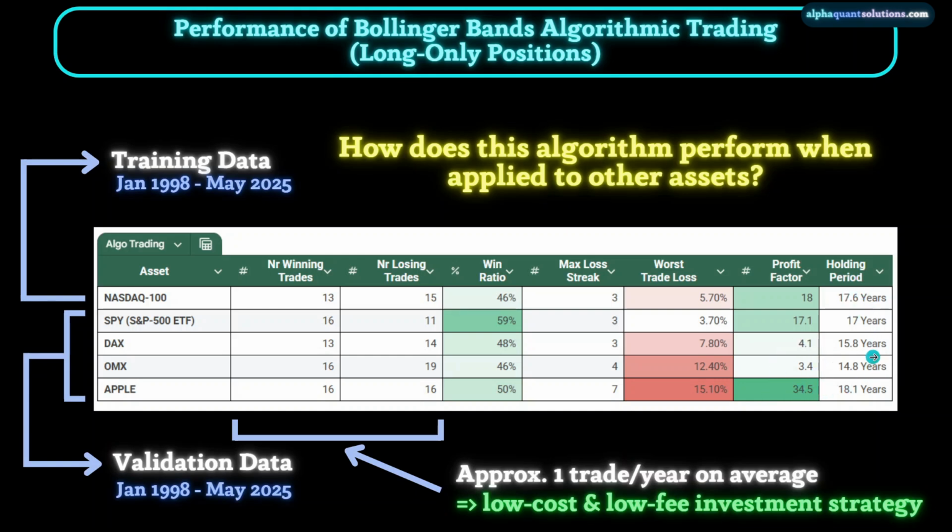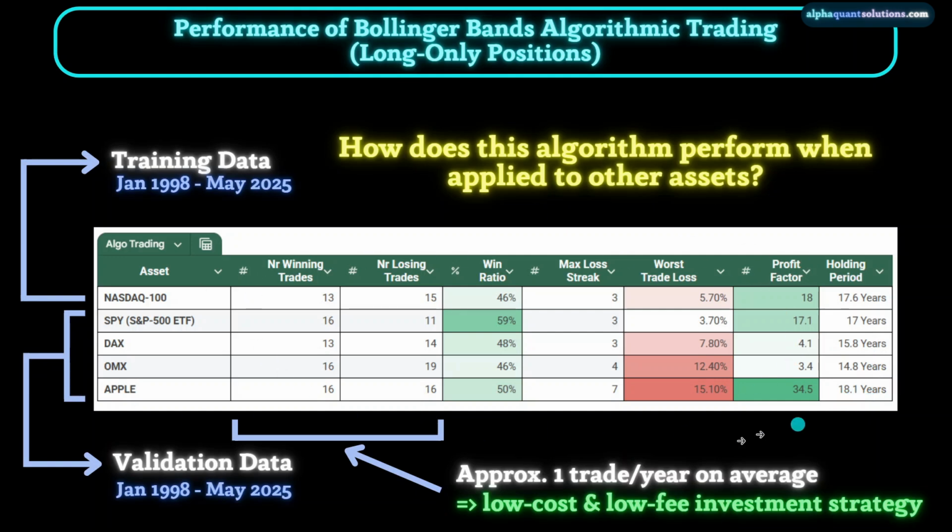And then the holding period is more or less in the same range, give or take, maybe 10, 15%. We are still in the same order of magnitude, so 15 and 18 years.